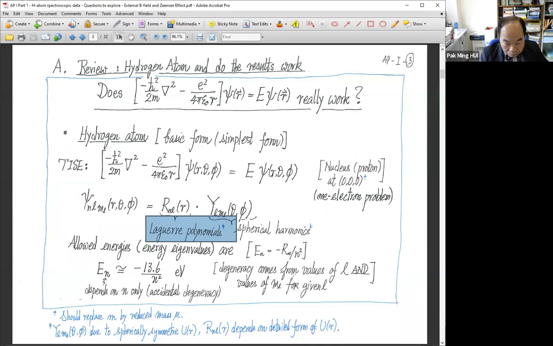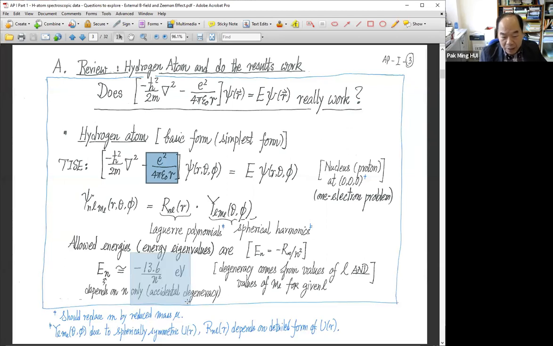polynomials. The energy of hydrogen atom is very particular. It only depends on N, not even depends on L. In general form, any U of R, the energy depends on N and L. That is general U of R, but hydrogen, you have accidental degeneracy, you have higher degeneracy by accident of this Coulomb form.